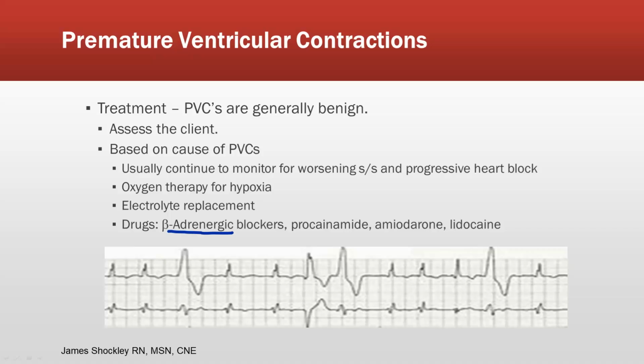In more critical care areas, you may see procainamide and lidocaine. I honestly have not seen those used a whole lot, but again, my specialty is not in the ED. What we are familiar with, basic nursing is familiar with amiodarone because it is for ventricular dysrhythmias, or to slow down the ventricular rate and hopefully convert this client to a normal sinus rhythm.